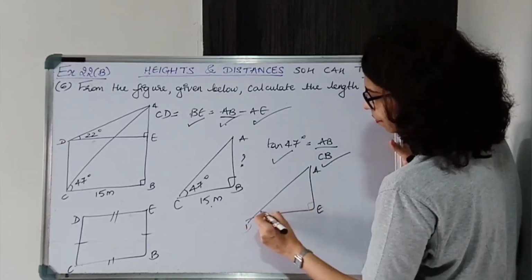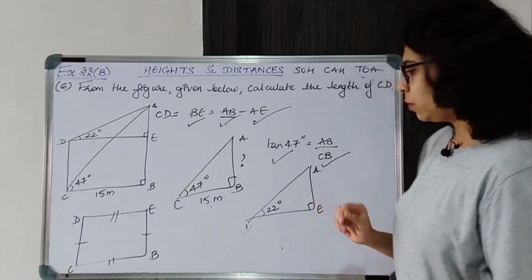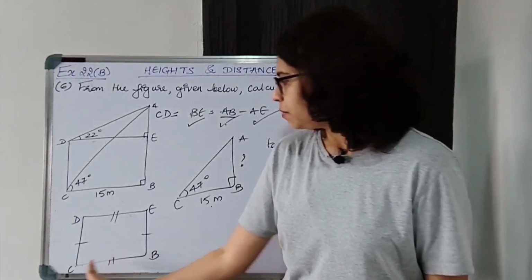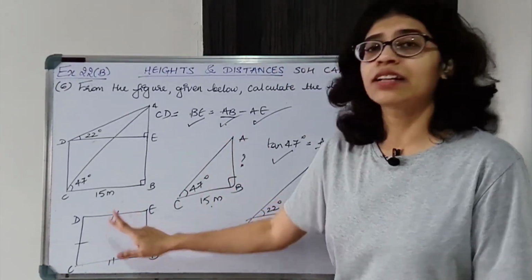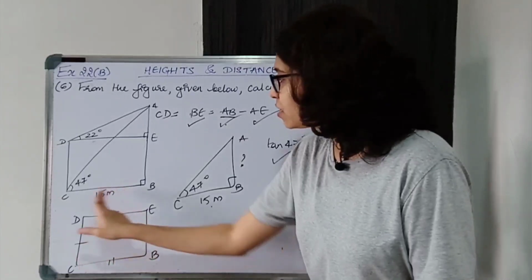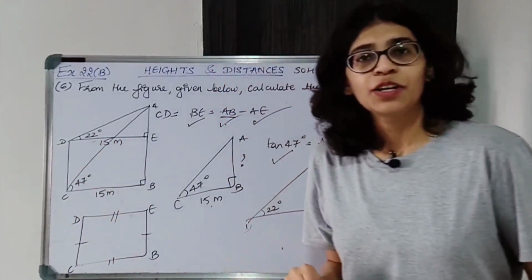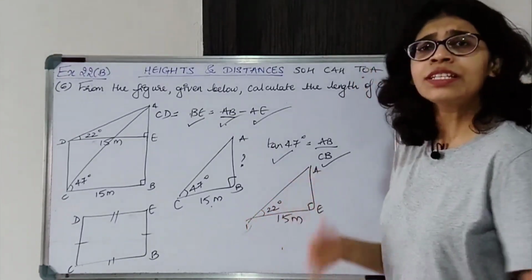AED. Now we need to know one of the sides. Now if you observe, BC is equal to DE because they are opposite sides of the rectangle. So BC is 15, so DE will also be 15. Correct? So this will be 15. Now it's easy.